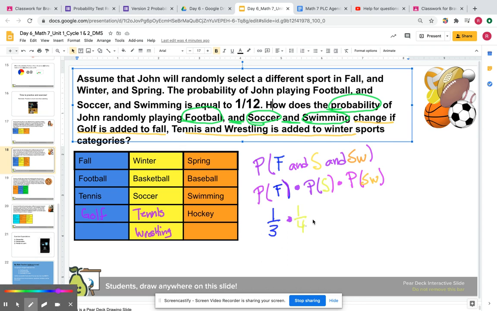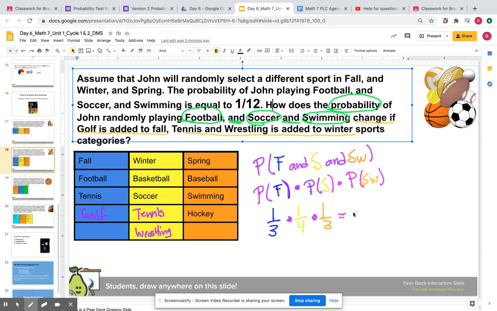Don't forget the multiplication sign. Now the probability of selecting swimming in spring is still 1/3, because nothing changed in that category.